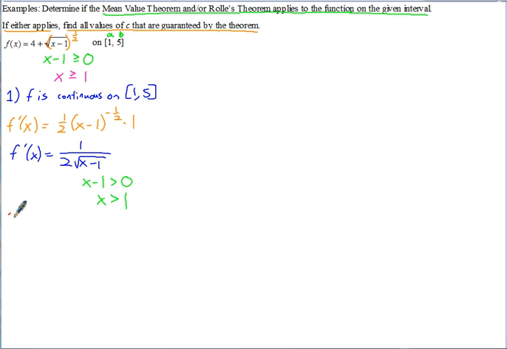You can say, second condition, f is differentiable on the interval from 1 to 5 with parentheses. So if those two conditions hold true, then those are the only two conditions for the mean value theorem. So you can abbreviate this as MVT, so you know the mean value theorem applies.